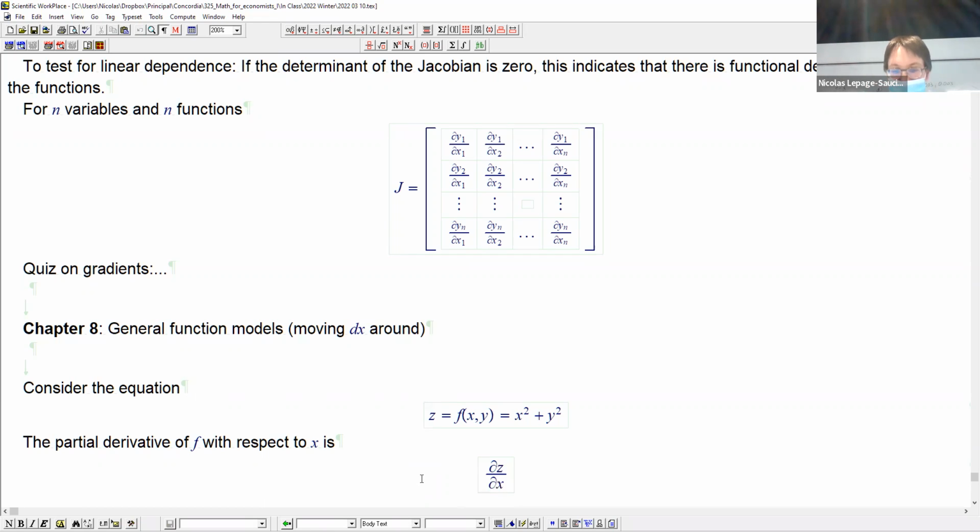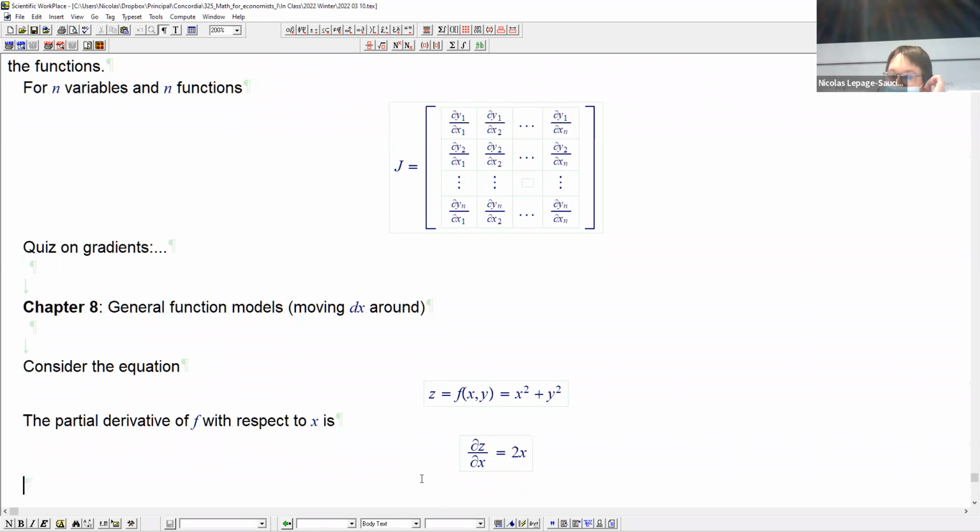Yes, great, 2x. So we say for now y is a constant. If you differentiate the constant with anything, you just get 0. And the derivative of x squared is 2x. So what does that mean?